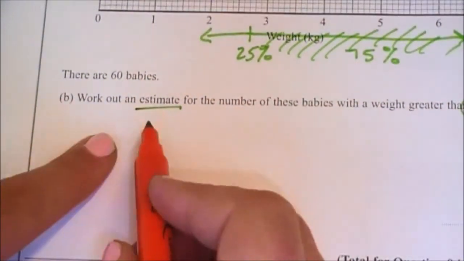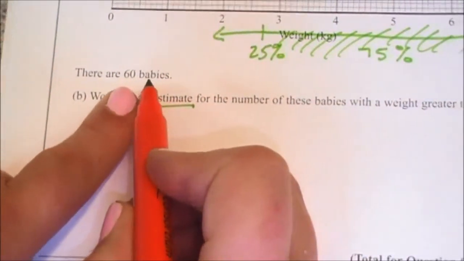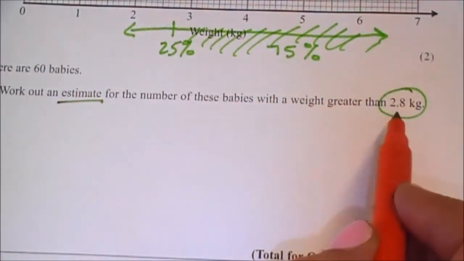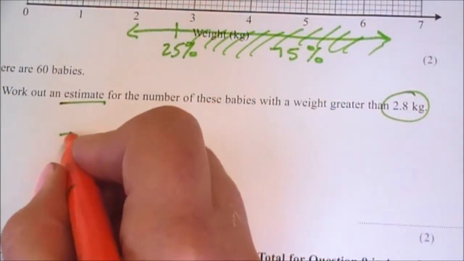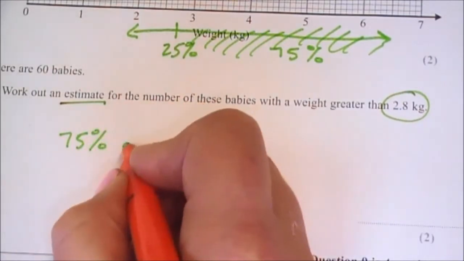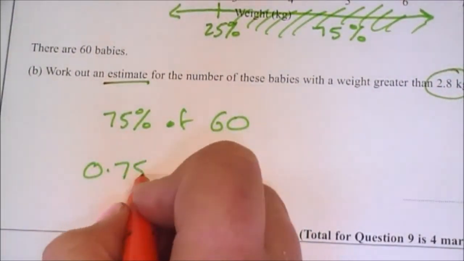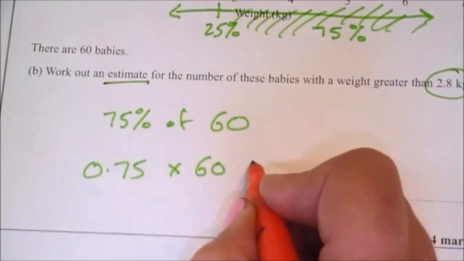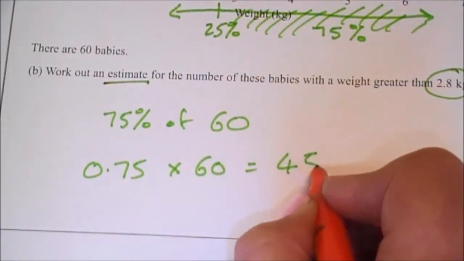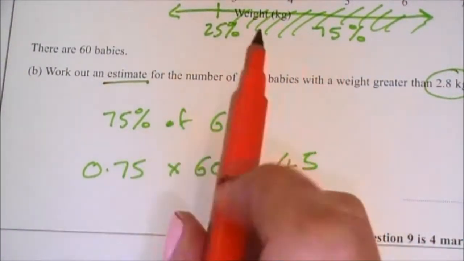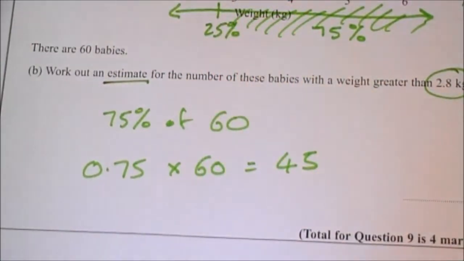So if there's 60 babies altogether, of which 75% of them are over 2.8, then I can just find 75% of 60. So that's 0.75 times 60 equals 45 babies. So there are 45 babies with a weight greater than 2.8. So you must know what the quartiles stand for.